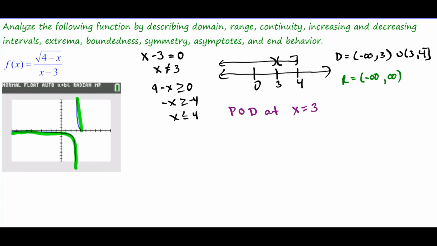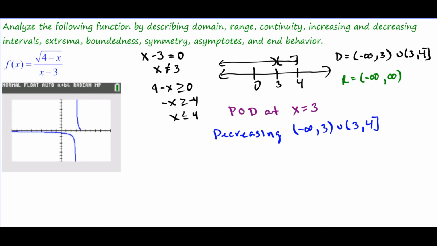So this whole graph is decreasing from negative infinity to 3, and then again from 3 to 4. We have to make sure that we put that in there to indicate to someone that there is a break at the 3. There is no increasing value, so we don't have to write that at all.